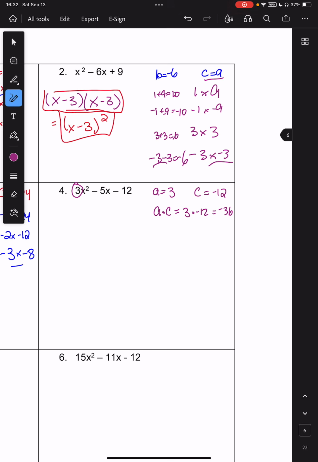So what we do with this number is we find out what multiplies out to negative 36. So let's find some terms that multiply out to negative 36.